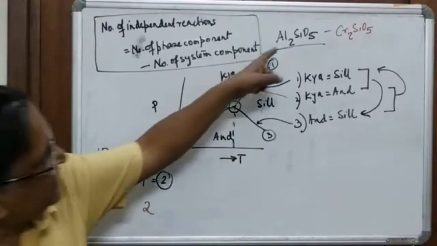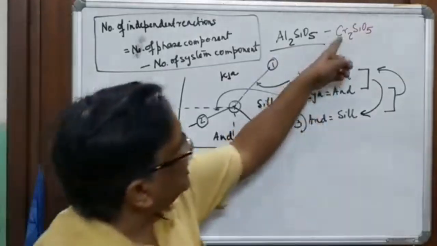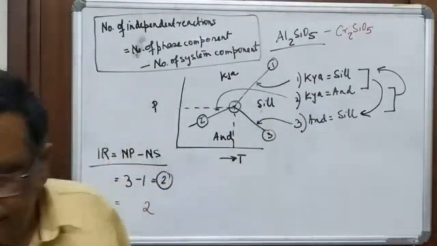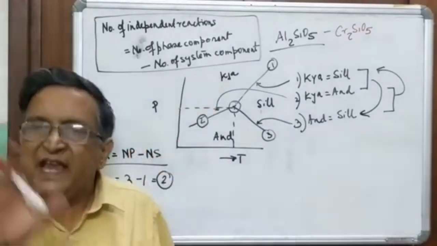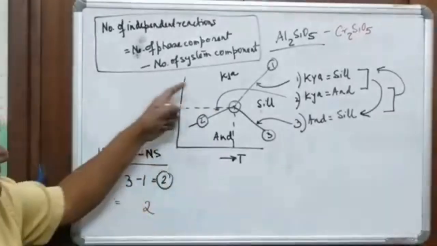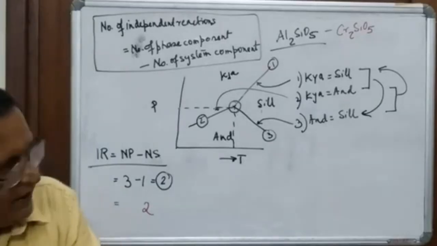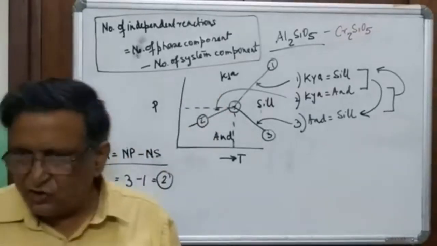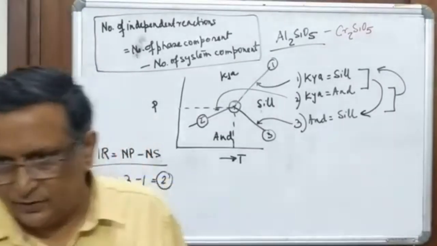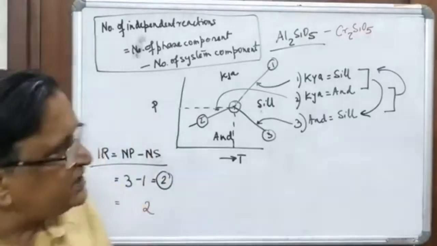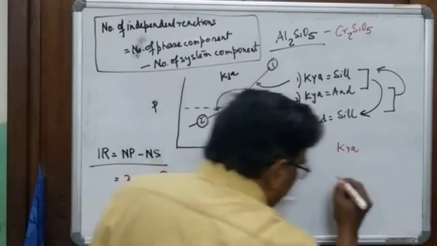Kyanite, when it was Al2SiO5, it's pure. But now, if you add chromium, then your chromium replaces aluminium. So your composition is no more Al2SiO5. The composition will vary between Al2SiO5 and Cr2SiO5 for kyanite. So how many intensive variables?